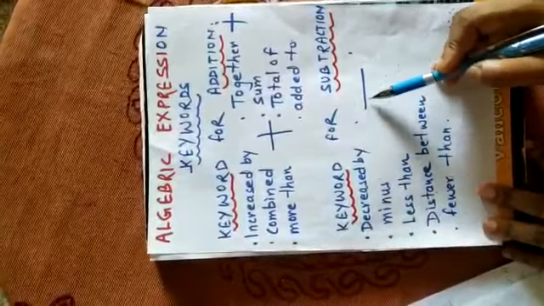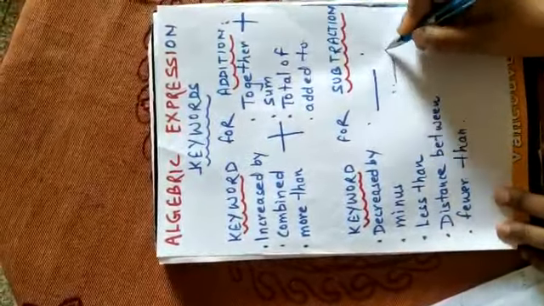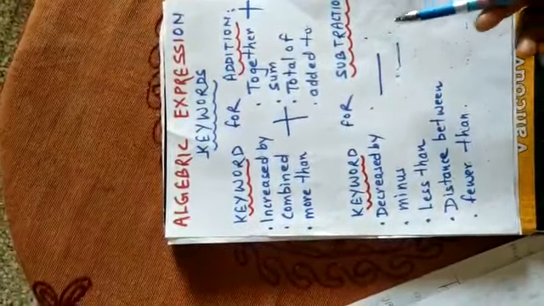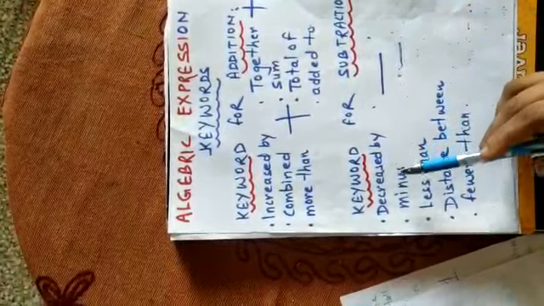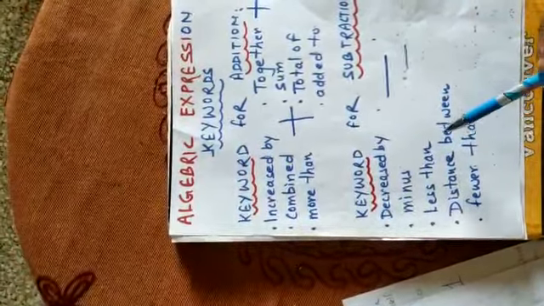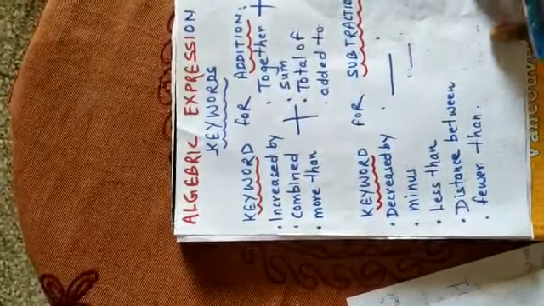The sign of subtraction is the dash. The keywords associated with subtraction are: decreased by, minus, less than, distance between, fewer than.